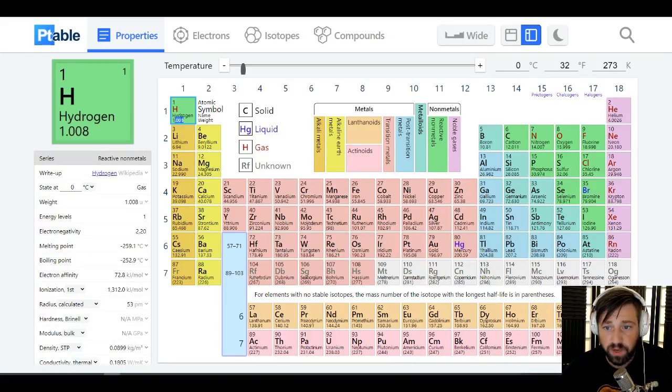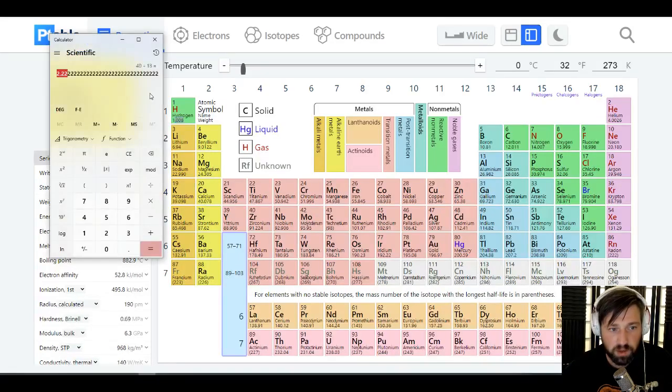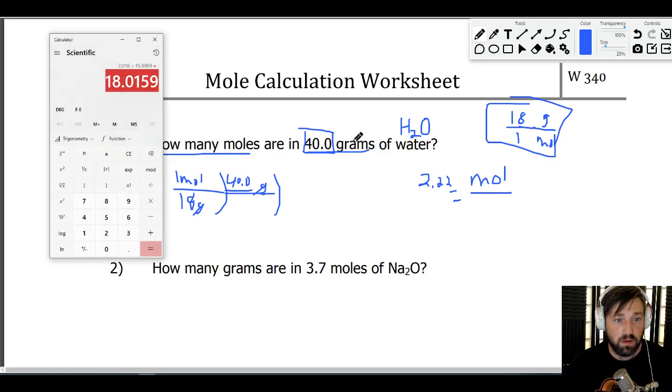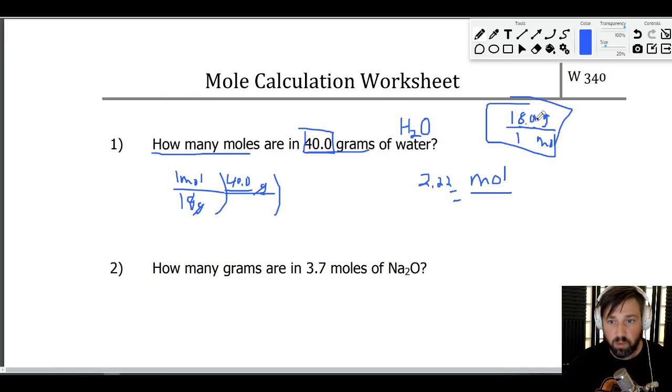I'll put this right here. 2.016 plus 15.9999 is 18.0159. This is going to be what we're going to be using for that molecular weight. So instead of 18, we're going to be using 18.0159. 0.0159, you can see really small there.